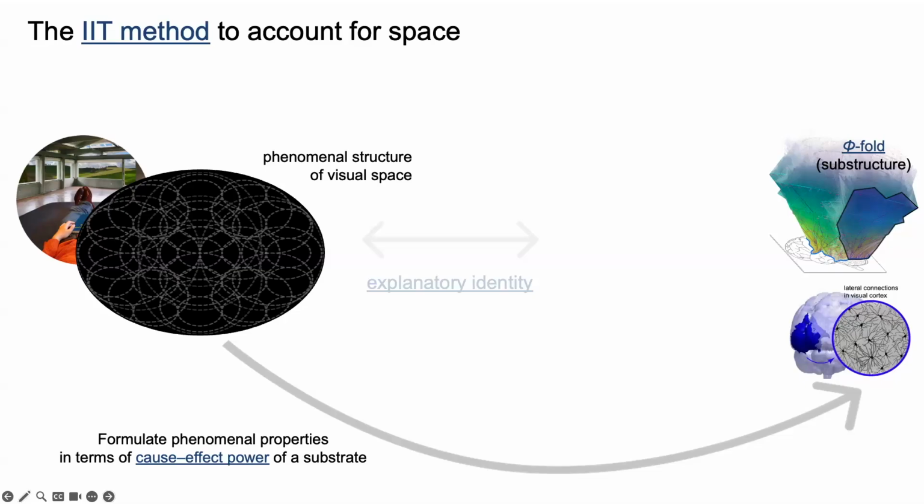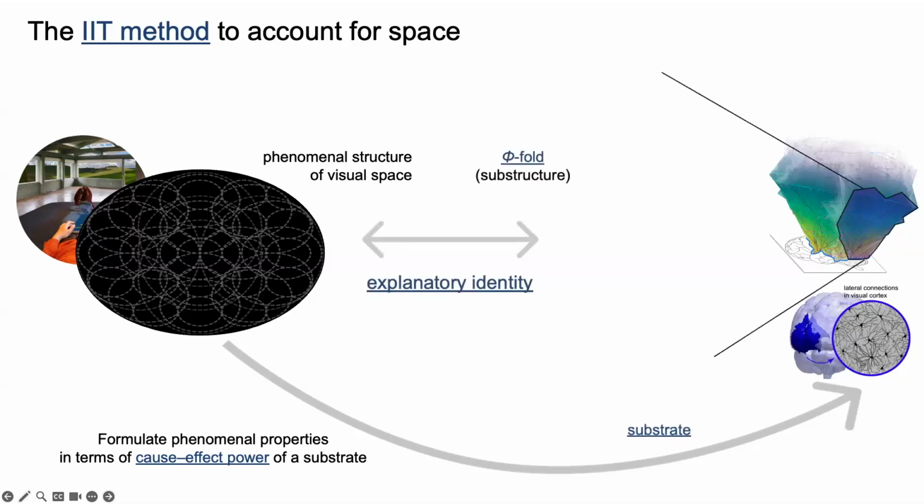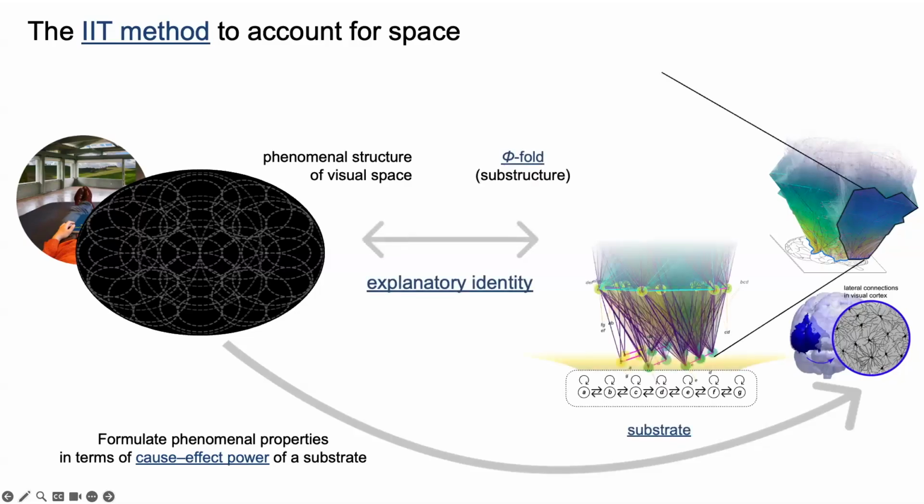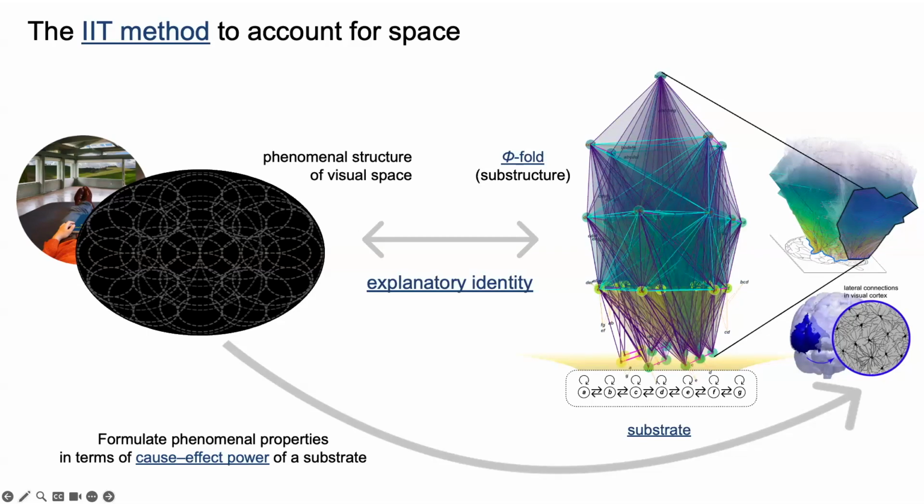And then, it varies between contents of experience, but usually we look at some potential candidate substrate. We unfold a usually highly simplified model of this substrate, and then we check whether we can establish a correspondence between the properties of the content of experience and the properties of the cause-effect structure unfolded from this substrate.